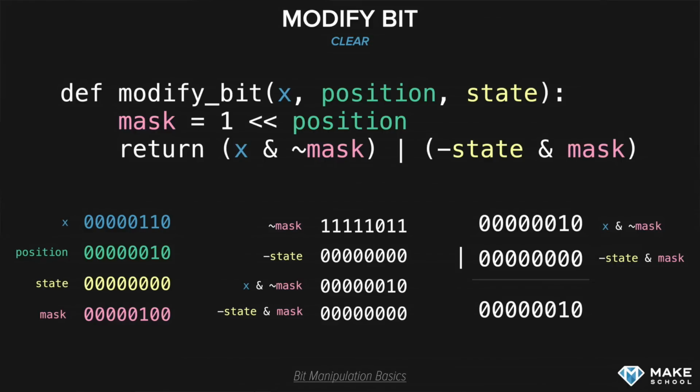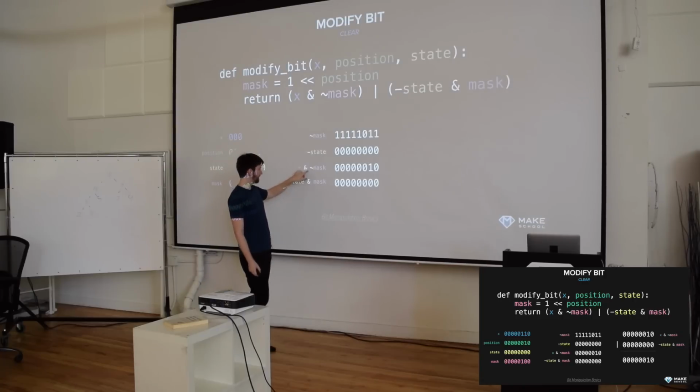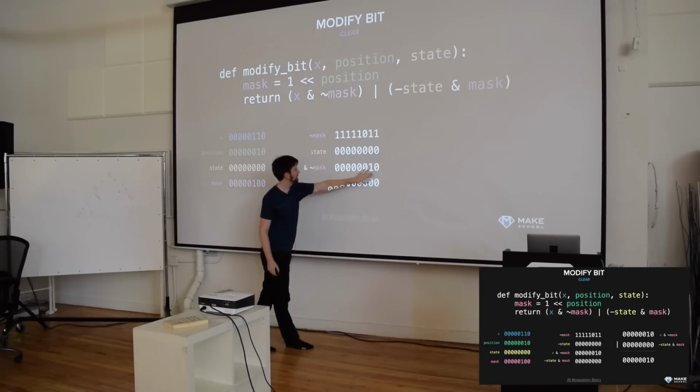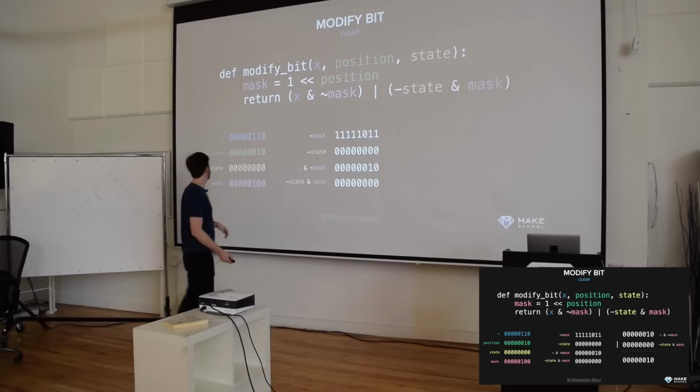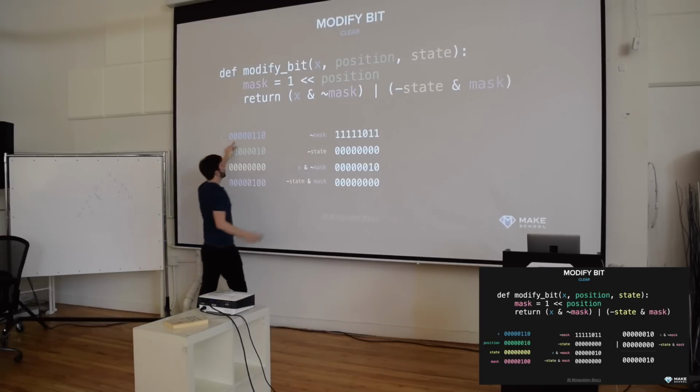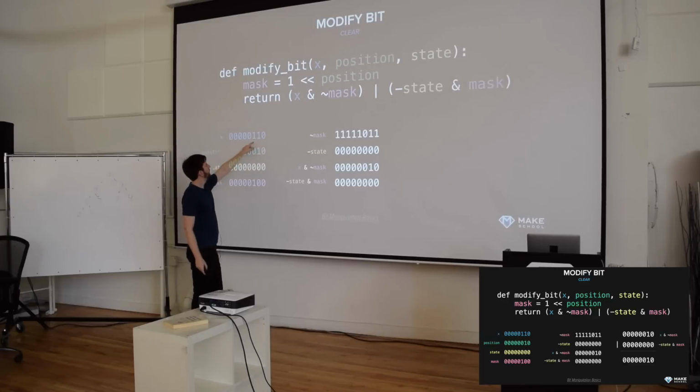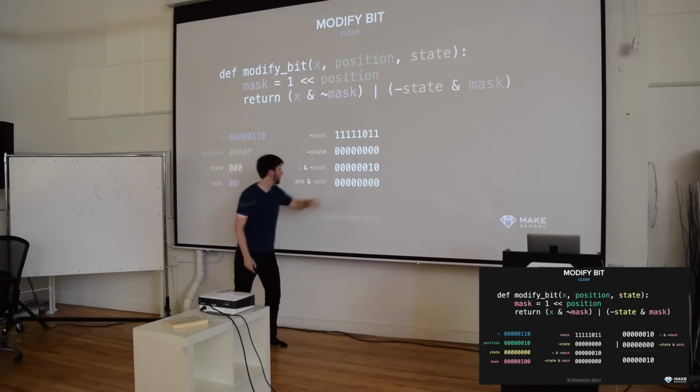So negative 0 in 2's complement is the exact same thing. It's still all zeros because there's no actual real negative 0. X and not mask is this. So here's X, here's not mask. When we AND them together, we end up clearing out this bit. So we can see that's cleared out.